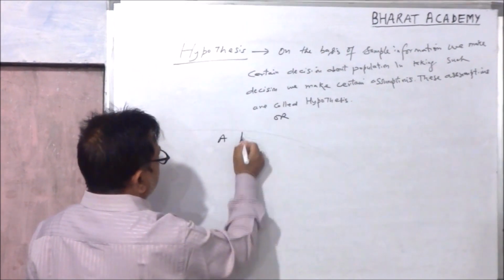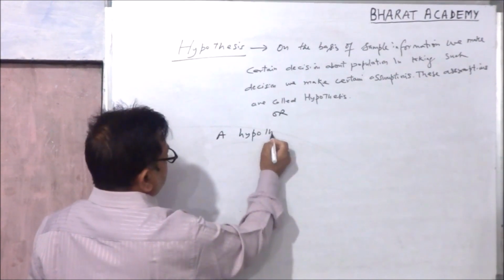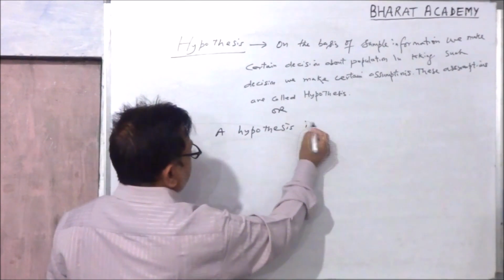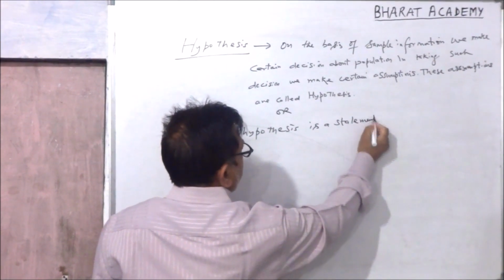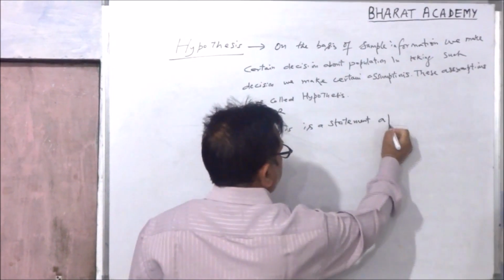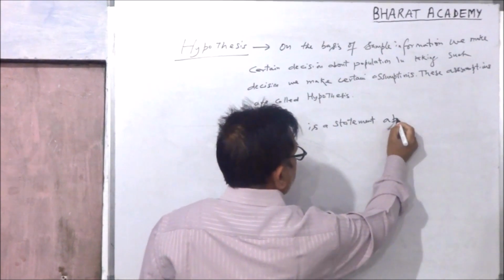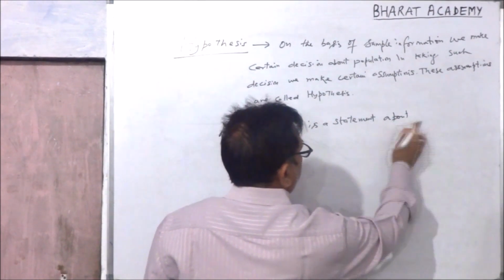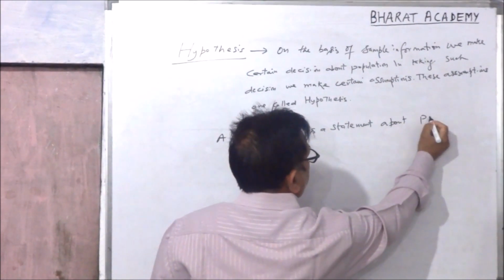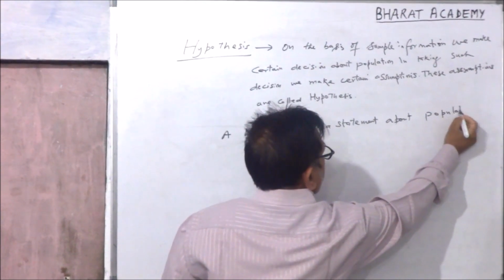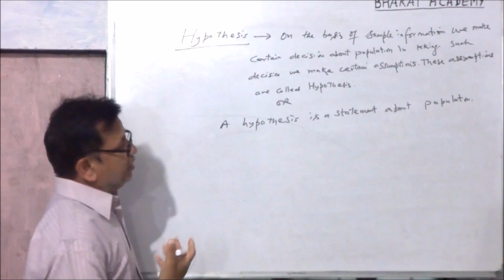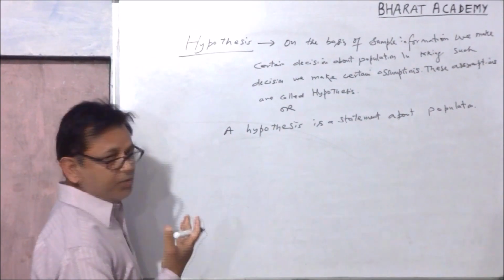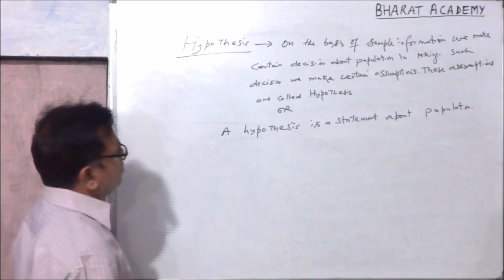Or we can write it in another way. A hypothesis is a statement about population, meaning population mean, population variances, population proportions.